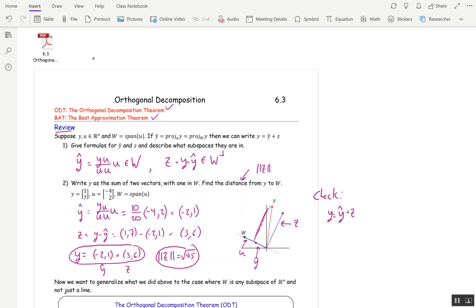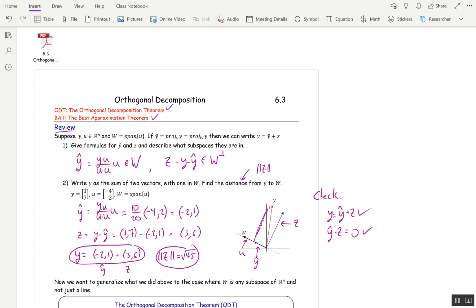So let's add these two vectors. 3 plus -2 is 1, and 6 plus 1 is 7. So yes, when I add those two vectors, I get y. And the second condition is that y hat should be perpendicular to z. So check that y hat dot z is 0. So let's just check: -6 plus 6 is indeed 0. So we did this problem correctly.